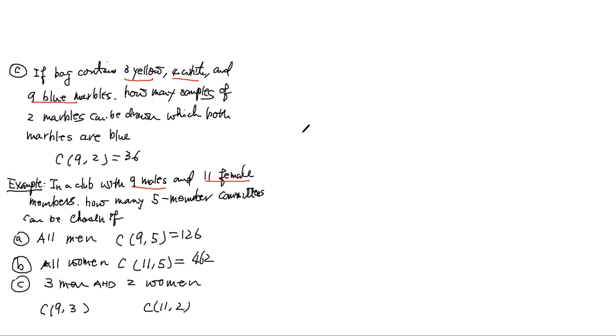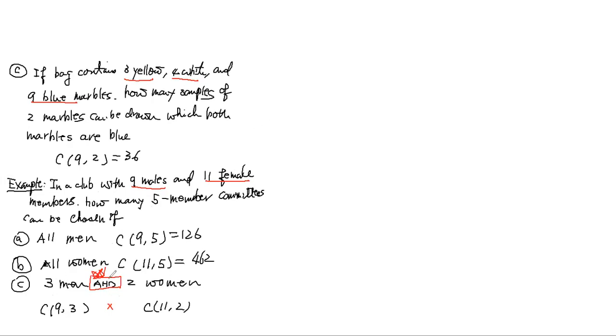Now, remember we talked about in the previous chapter the keyword: this is "and." What does "and" mean? "And" is multiplication, so we times it. Be very careful.